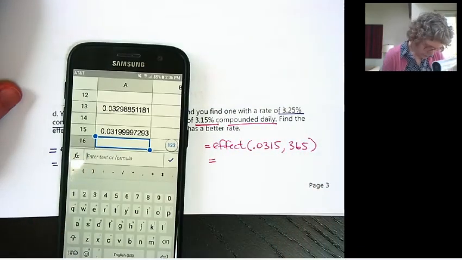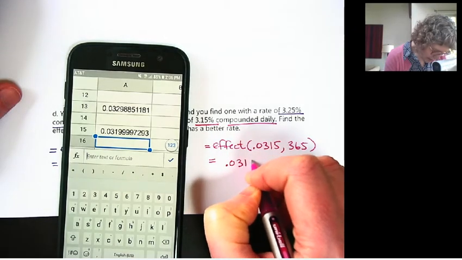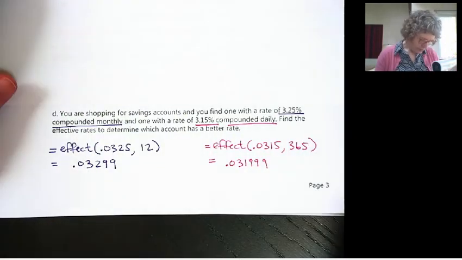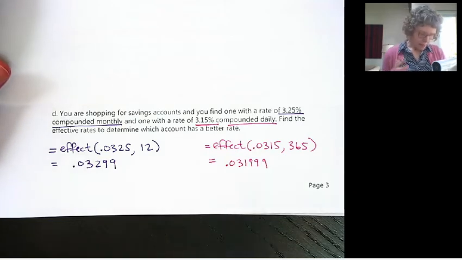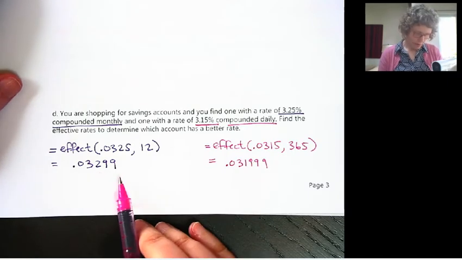So let me write this one down. 0.031999. Okay, so what this is saying is if we translated both accounts into being compounded yearly, this is what the effective rate would be.